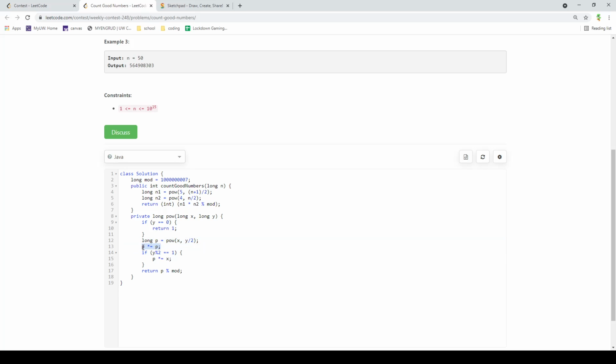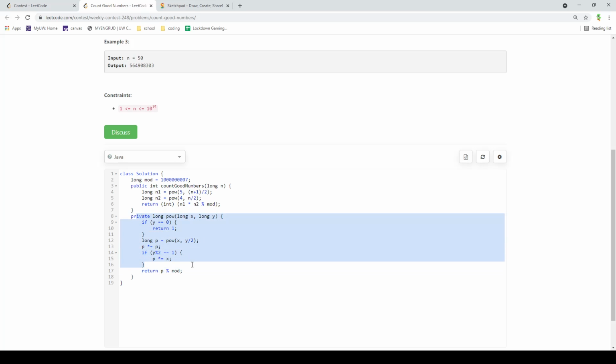And then we square it. So now we have x to the power of y. But if y is not perfectly divisible by 2, we need to multiply that by x one more time to have the true power. And then next we modulus that.